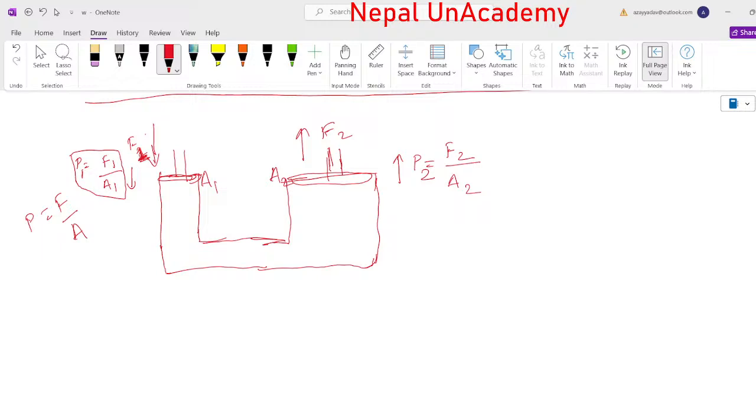According to Pascal's law, the pressure generated on the surface of the smaller piston is equal to the pressure generated on the surface of the larger piston. So Pascal's law basically tells that the pressure is equal. Let me elaborate more.